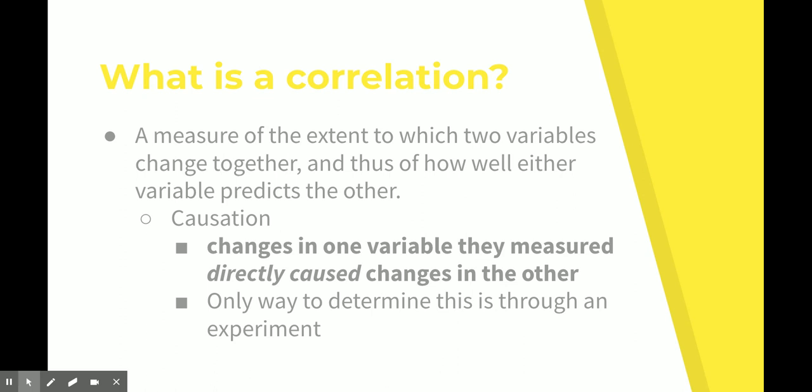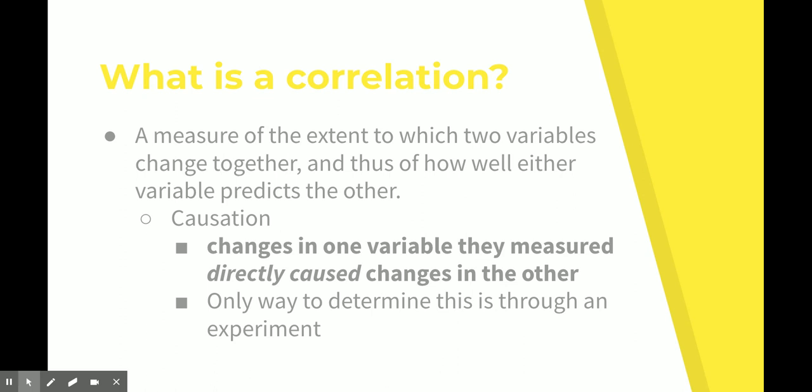If we compare that to causation, okay, causation is where changes in one variable directly cause changes in the other. So again, correlation, how do they change together? How do they affect each other? With causation, it's one directly causes changes in the other.